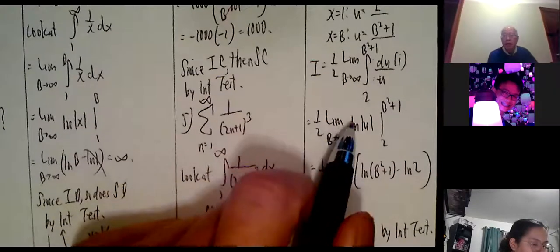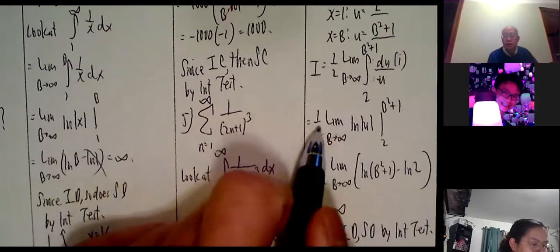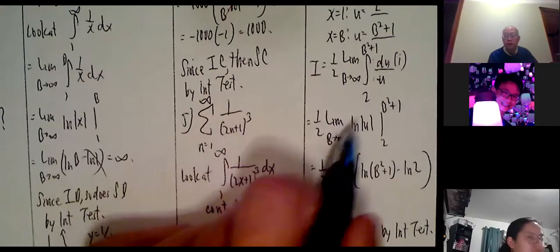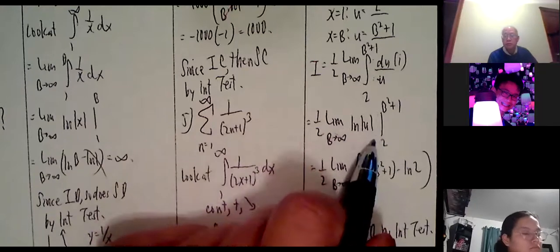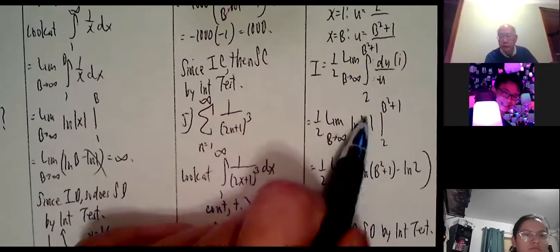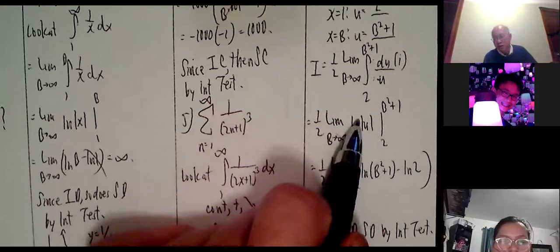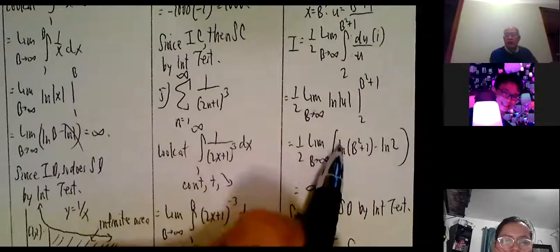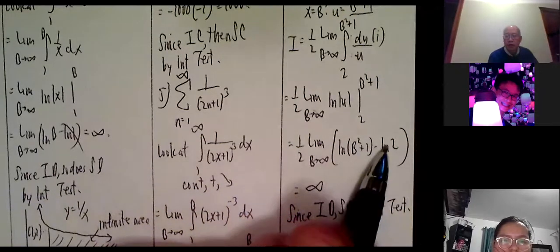Okay, so ln absolute value of u, 1/2, limit b approaches infinity, ln absolute u, 2 to b squared plus 1. Now, b squared plus 1 is positive, drop the bars. Absolute value of 2 is 2, drop the bars. So 1/2 limit b approaches infinity, ln b squared plus 1 minus ln 2.